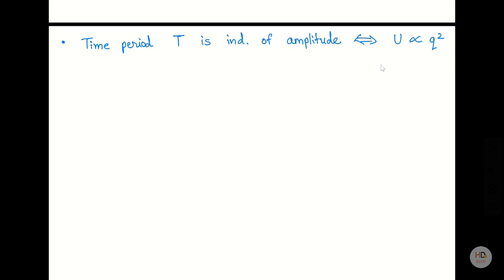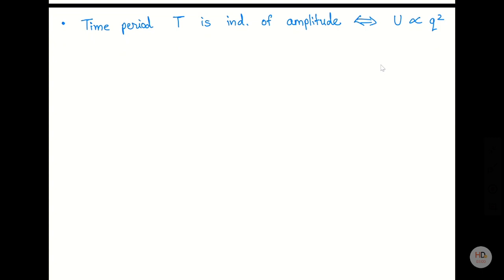Then the next thing we learned is that the time period of oscillation, T, is independent of amplitude if and only if u is proportional to q square, that is, u is quadratic in q.